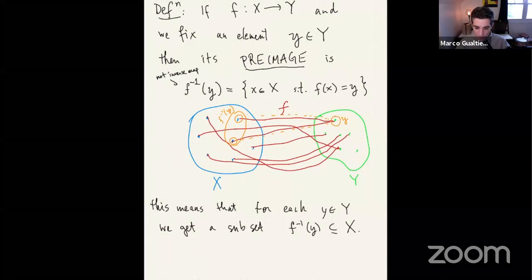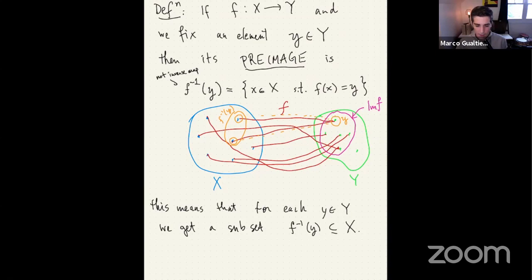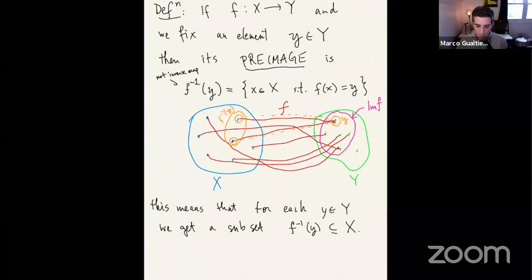So one special subset, let me give it a pink color. This subset of Y is called the image of F. It's all the taken values, the achieved values by the map F. And for every point, we get a special subset of the domain. For this point, we have this subset, which is the pre-image of y. For this point, the pre-image would just be a single point. And for this point, the pre-image would be these two.